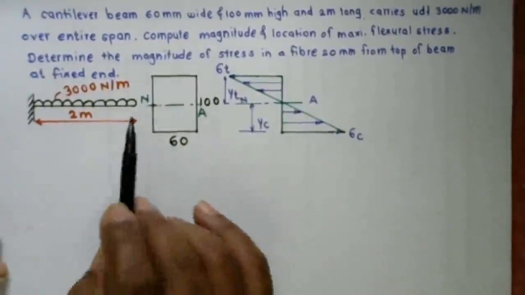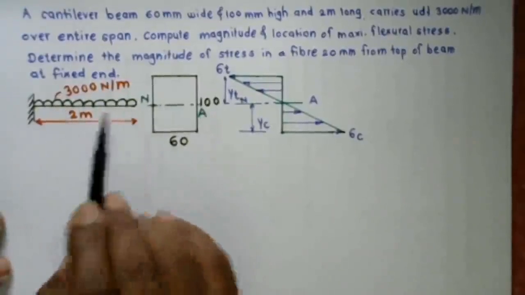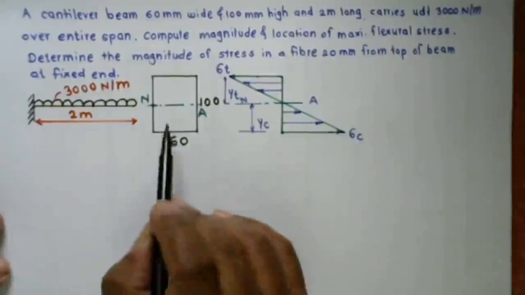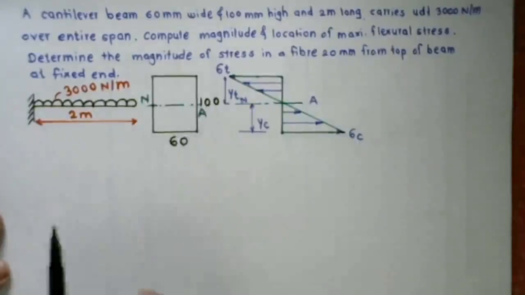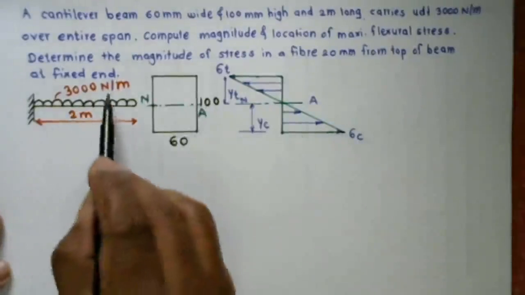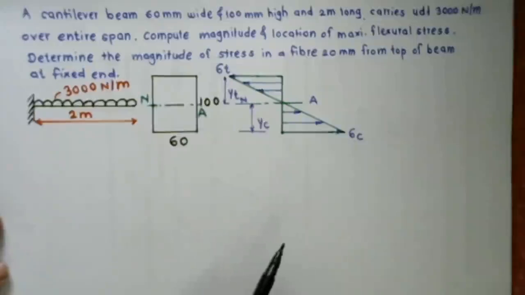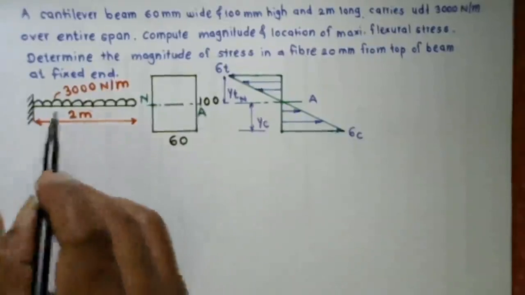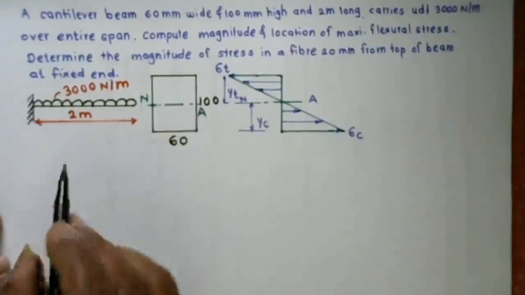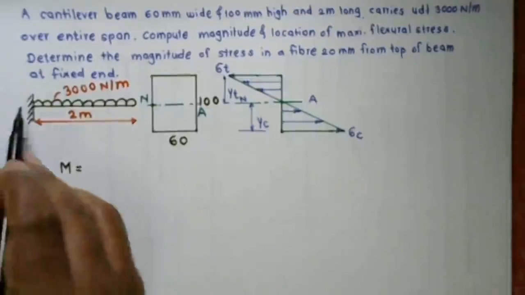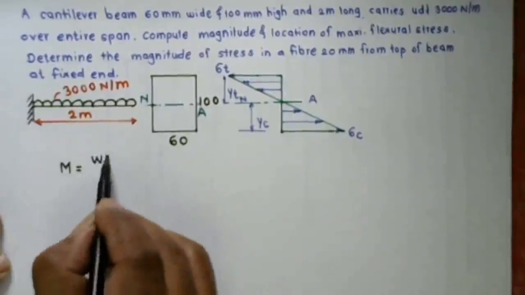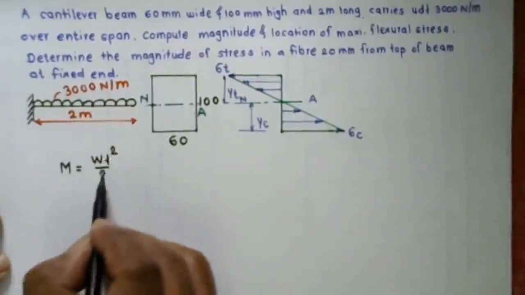In this numerical, a cantilever beam is given with a span of 2 meters and a cross-section of 60 mm by 100 mm, carrying a load of 3000 Newton per meter. The maximum bending moment for a cantilever beam is at the fixed end, and the standard equation is W L square by 2.